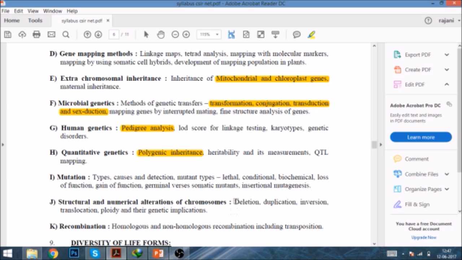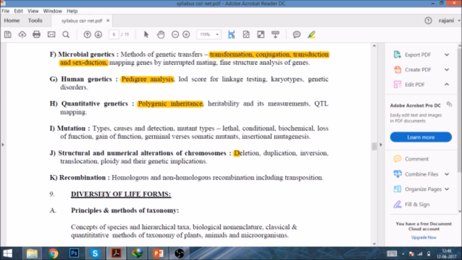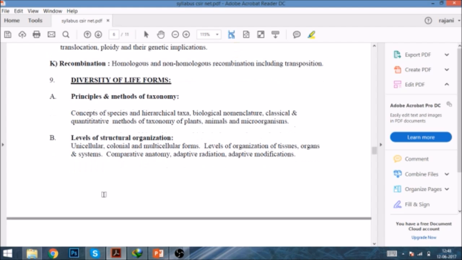Some sequence-based questions can also be asked from mutations, whether deletions or duplications, or some concept-based questions. In recombination, generally site-specific recombinations are asked, and the role of RecA. Such types of questions can be asked. Move to the next unit, which is diversity of life forms.